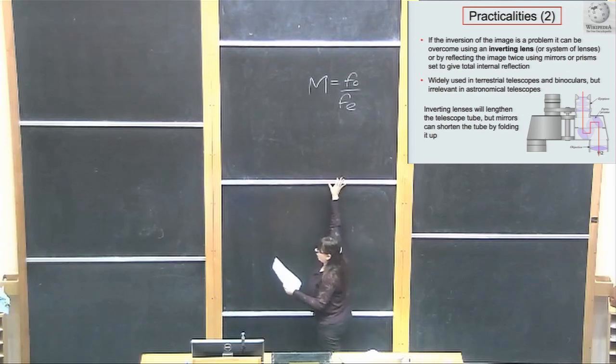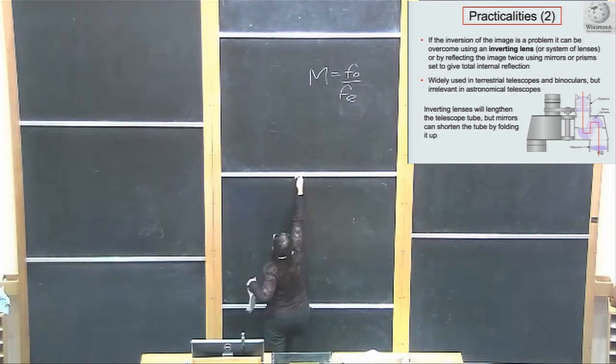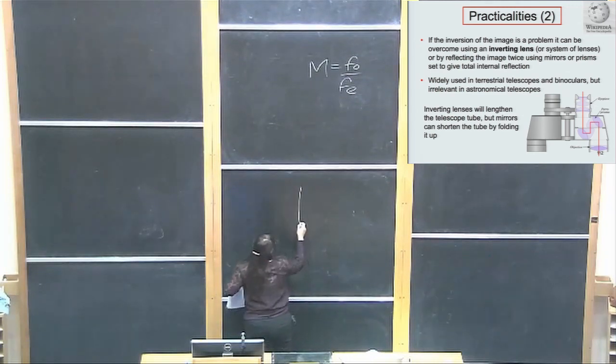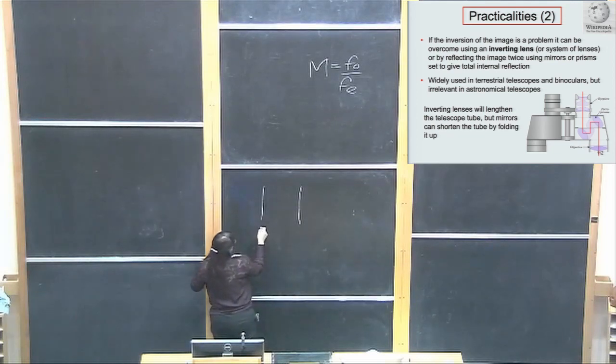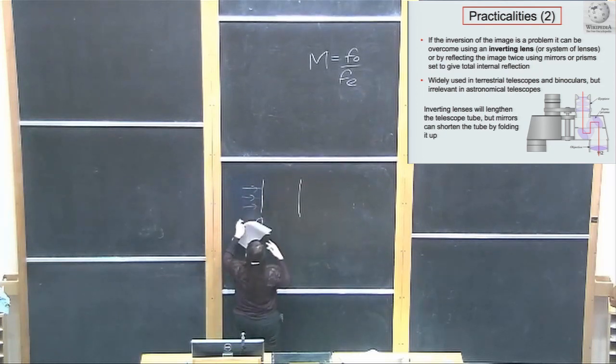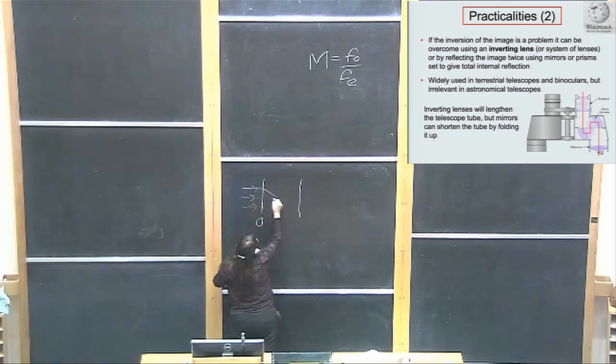One is the use of an inverting lens. We saw how these worked back when we were first looking at ray tracing and lenses. So if I've got my objective lens here, we've got these parallel rays coming in. What you can do is let these converge. So this is the objective focal length there.